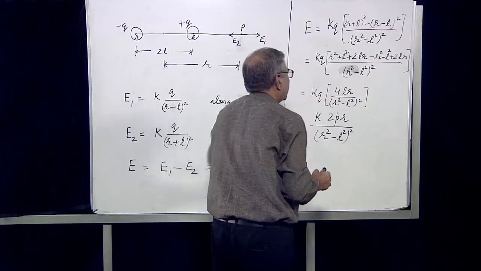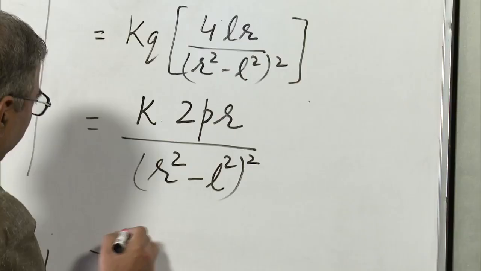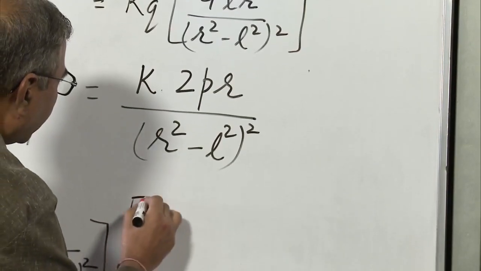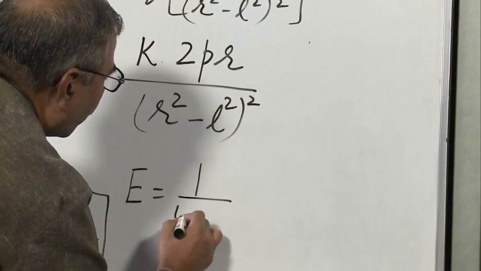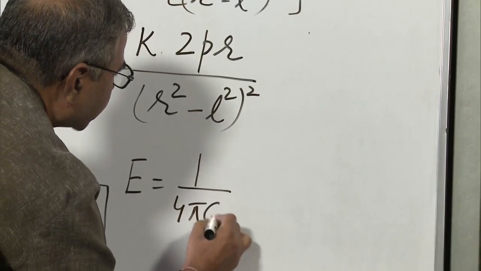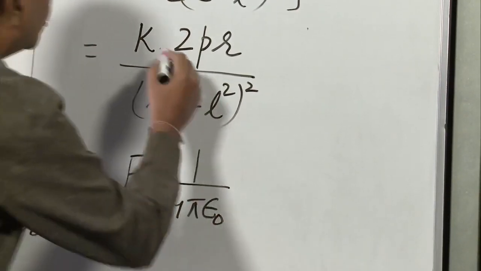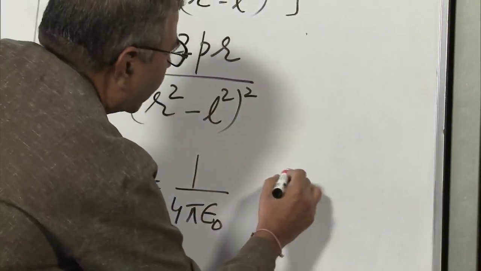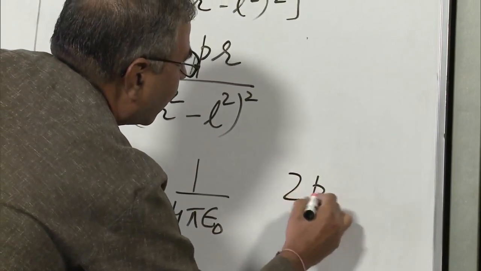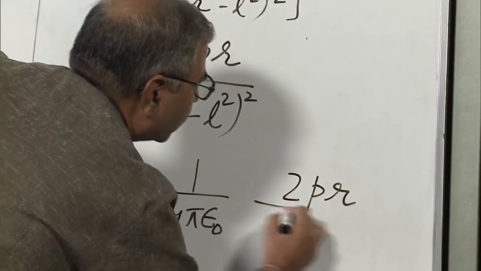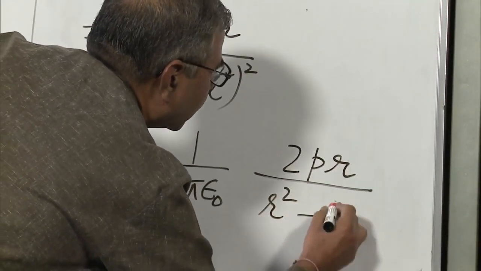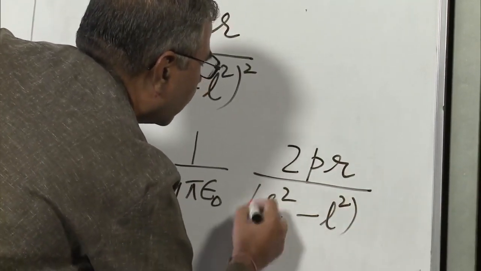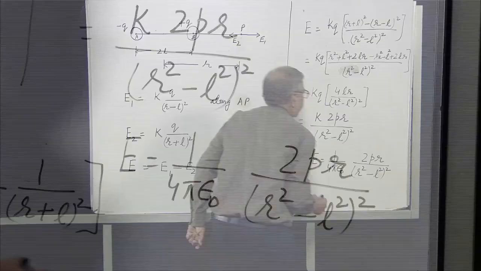Now, this K is nothing but 1 upon 4 pi epsilon naught. So, electric field E will be equal to 1 upon 4 pi epsilon naught 2PR upon R square minus L square whole square.